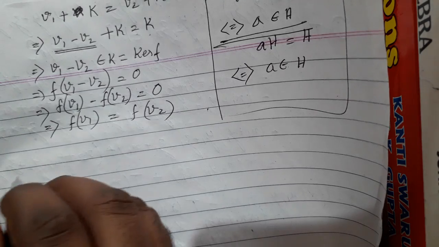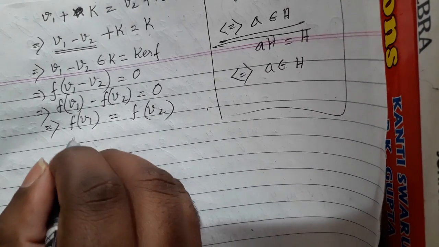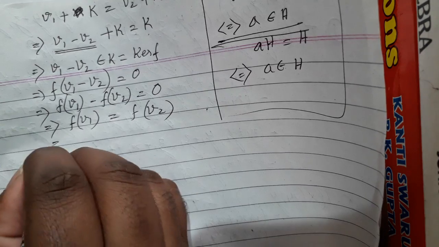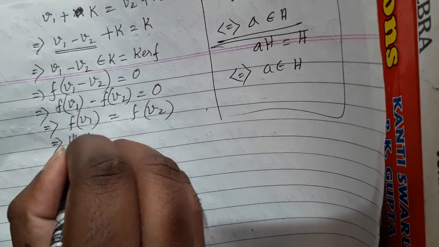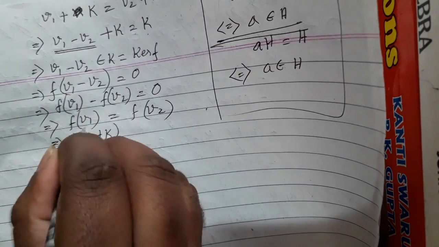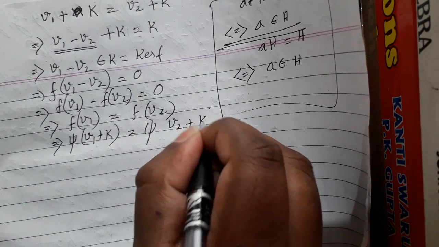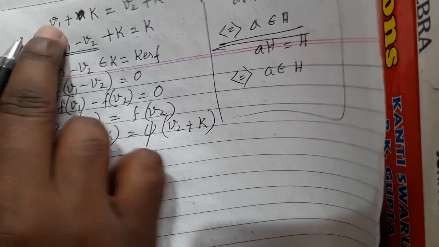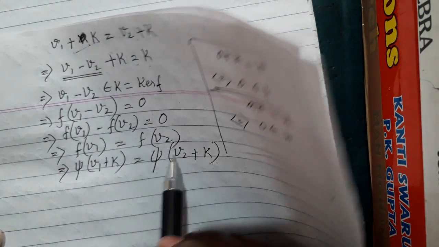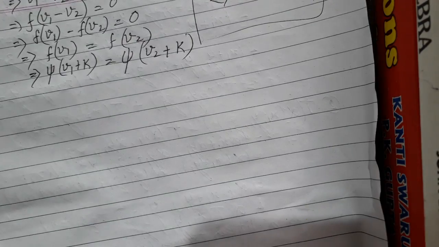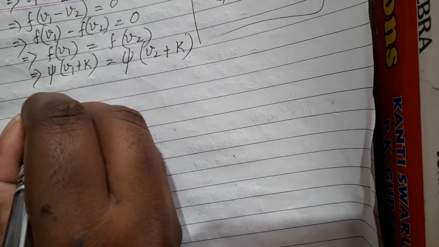By using the definition we have given, f of v is equal to psi of v plus K. So this will be psi of v1 plus K equal to psi of v2 plus K. We took two elements which are equal, and we got that the images are also equal. So this shows that psi is well defined.